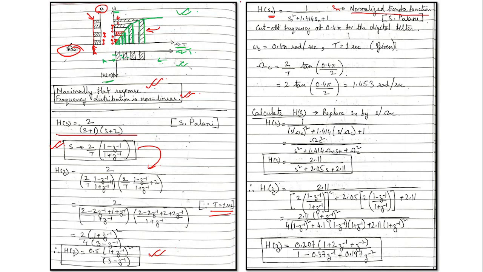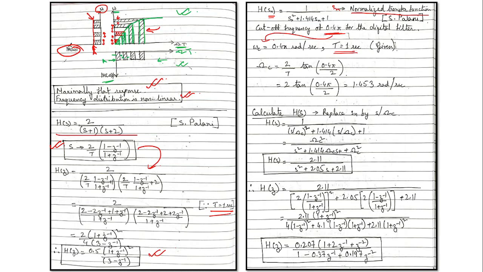Okay, so it is given that the cutoff frequency of the digital filter we are expecting is 0.4 pi. So the cutoff frequency is 0.4 pi radians per second, because it's already given in our equation, and capital T is equal to 1 second.